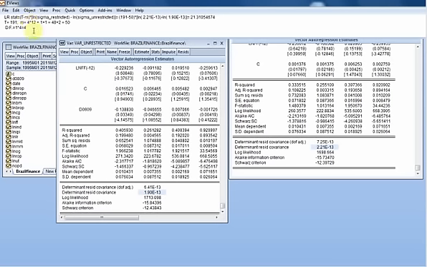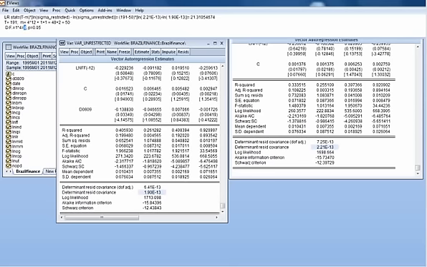Now we have to get the chi-square distribution table. So we will look for the chi-square critical value, in other words, with probability of 0.05 or 5% significance level, with 4 degrees of freedom.